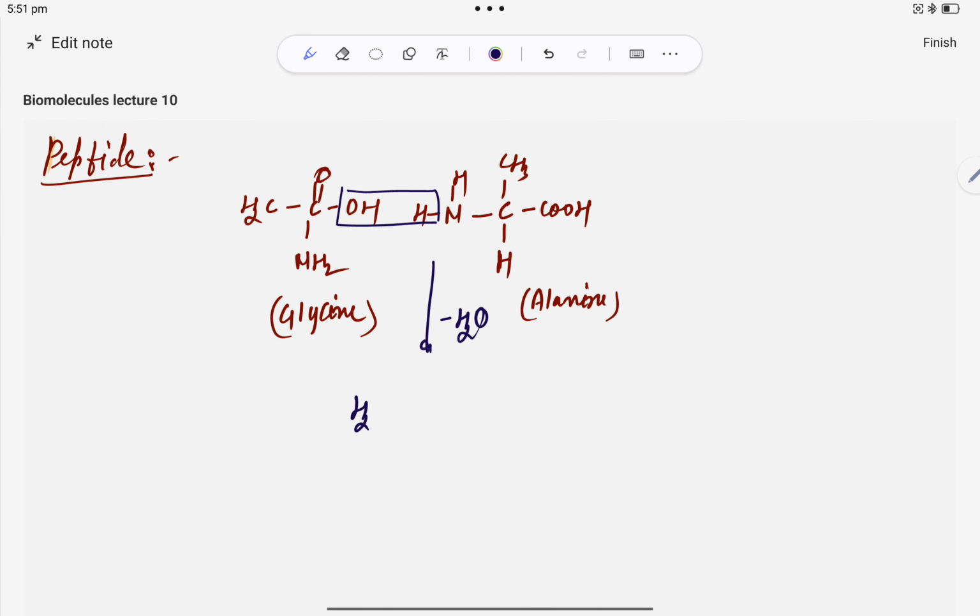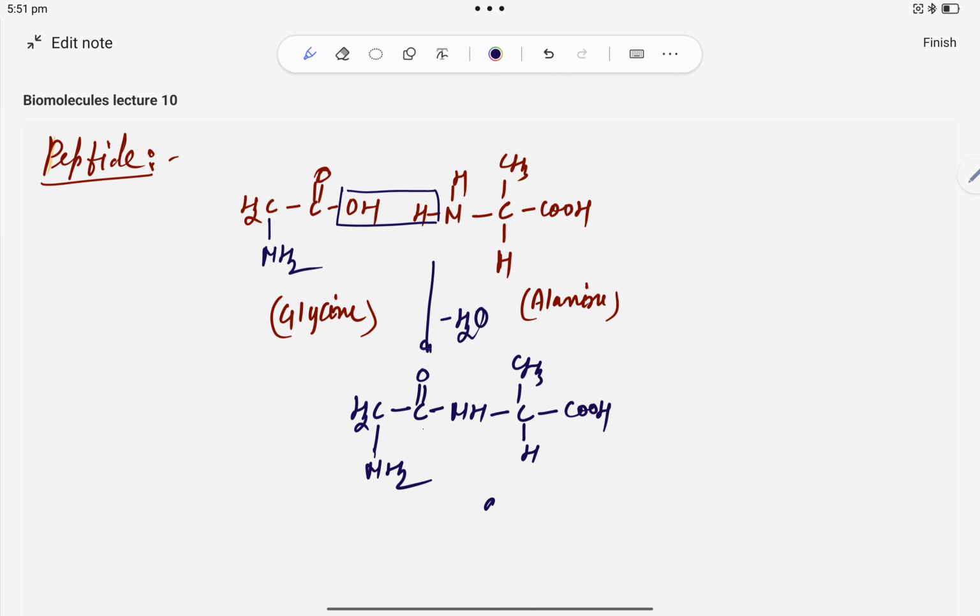See, H2C, C double bond O, NH, C, CH3, H, COOH, and here NH2 is attached. Here this NH2 is not there. So it is a dipeptide.